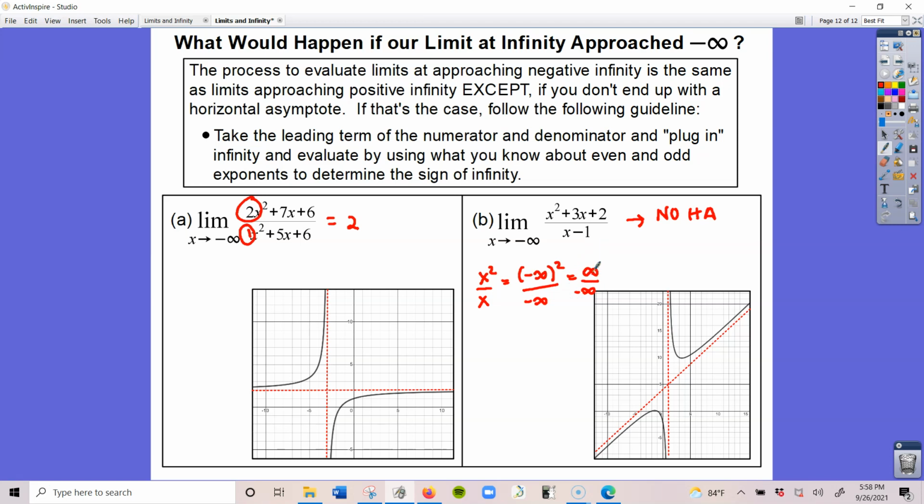So a positive divided by a negative would give me an answer of negative infinity. And if you look on the left side of the graph, we see that it's going down, which is negative infinity. So when you have a limit as x is approaching negative infinity of a rational function where you end up with no horizontal asymptote, just plug in the infinity and see what sign you would get. And that's limits involving infinity.